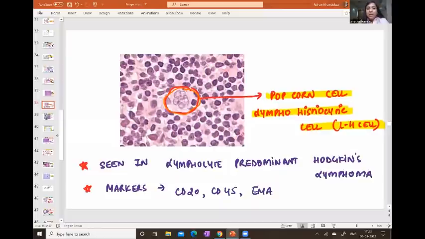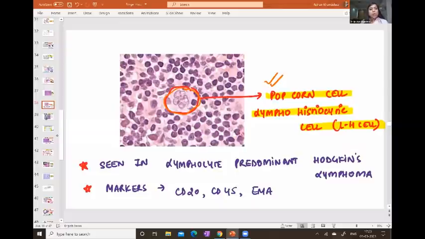Maybe a fried egg or a popcorn, right? Or an onion skin, right? So in this image, can you people see that this looks like a popcorn? That's why it has been named a popcorn cell, right? And the other name for this cell is a lymphohistiocytic cell or an L&H cell, right?